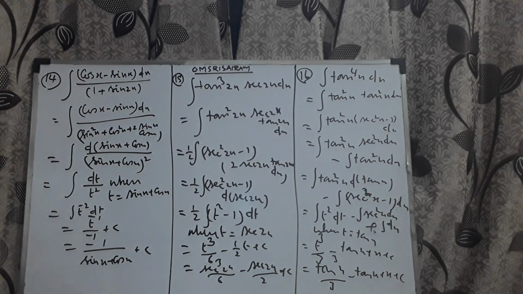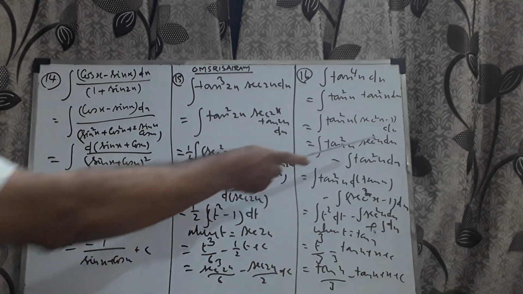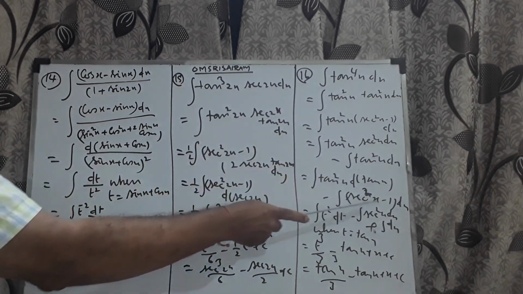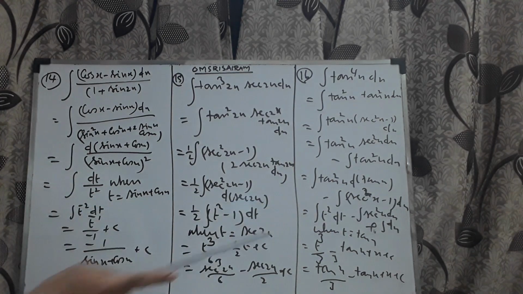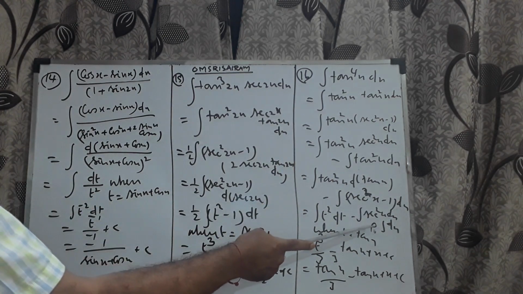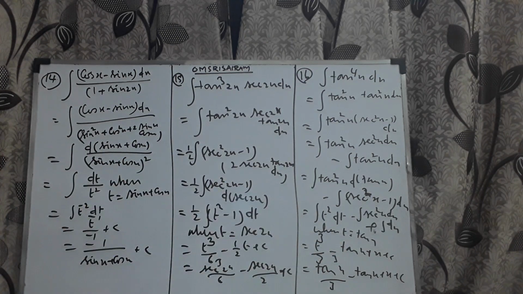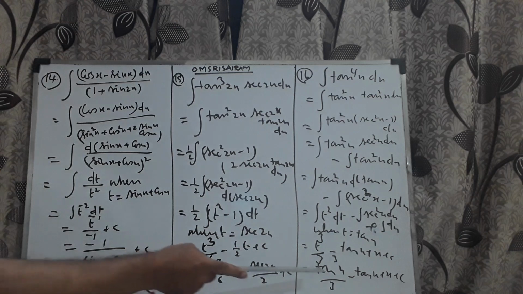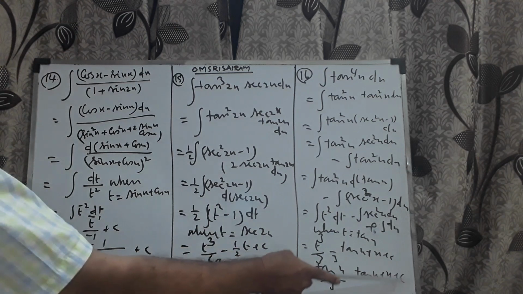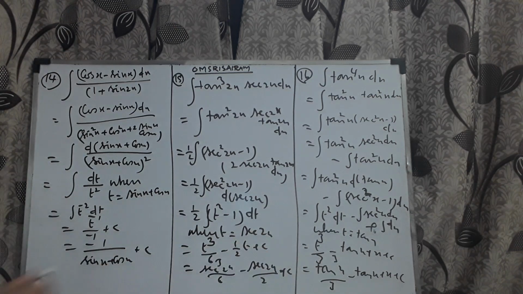This is equal to integral tan square x into d of tan x, which is secant square x dx, minus integral secant square x minus 1 dx, which is integral t square dt minus integral secant square x dx plus integral dx, where t is tan x. Integral t square dt is t cube by 3 minus tan x plus x plus c. So this gets reduced to tan cube x by 3 minus tan x plus x plus c. That is the final answer.